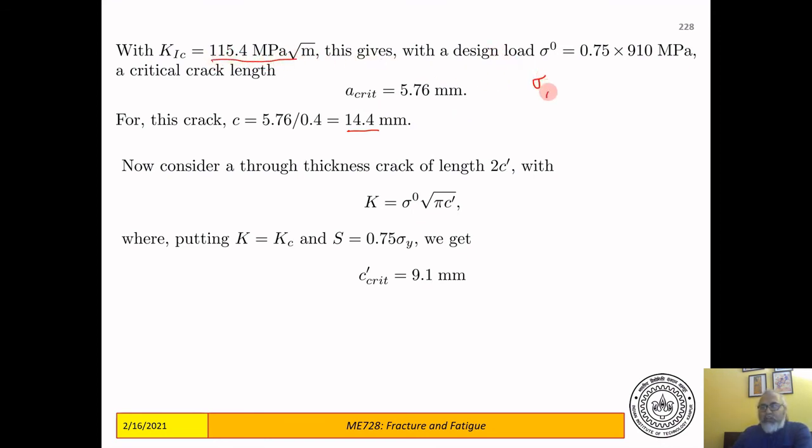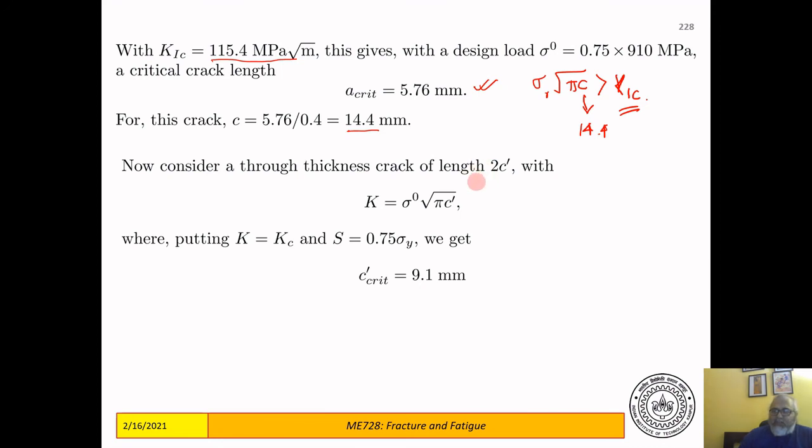So sigma naught root pi c, where c is 14.4, would be greater than K1C for the material. Okay, so if we use this thickness, we won't have a leak before break criteria.